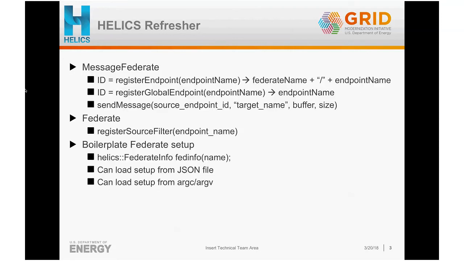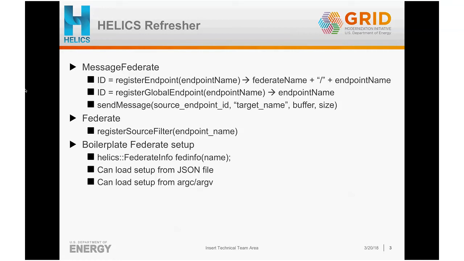So a refresher on Helix message federates. The idea is that you register endpoints with a string name, and if you do it without using register global endpoint, internally it's registered as the federate name with a / and then the endpoint name that you specified to the register function.